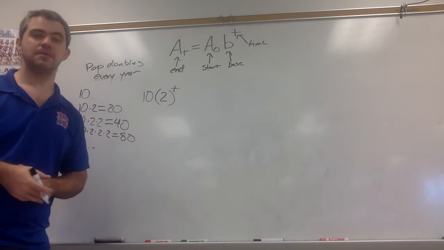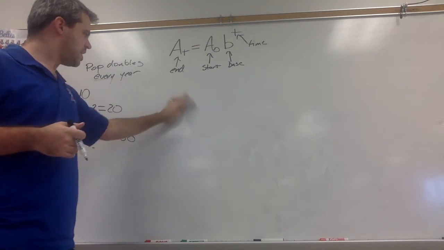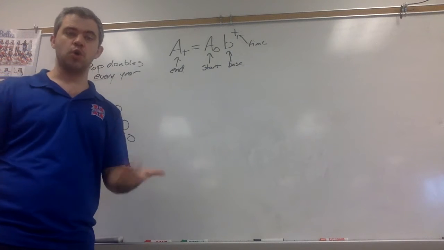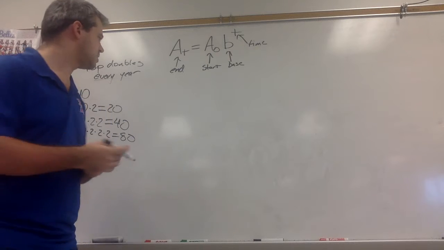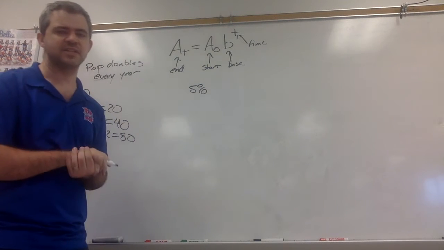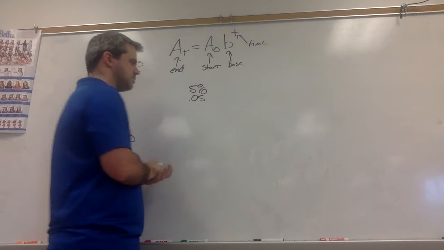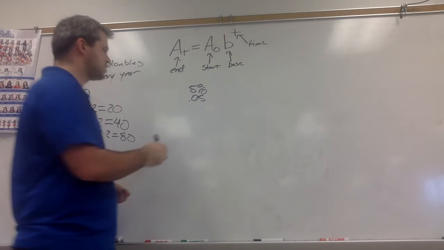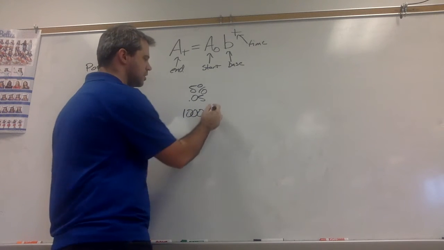So another example that happens a lot is something that grows by a certain percent. Let's say it's interest, and every year your investment grows by 5%. Well, that's 0.05 as a decimal. So what we do is we take our initial investment. Let's say our initial investment is $1,000.